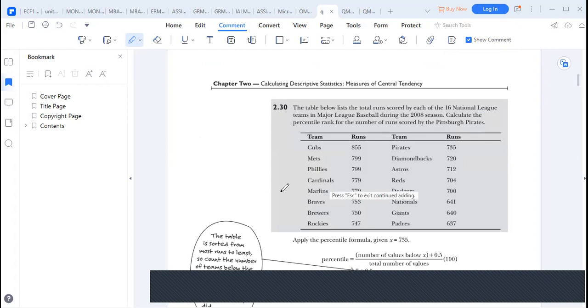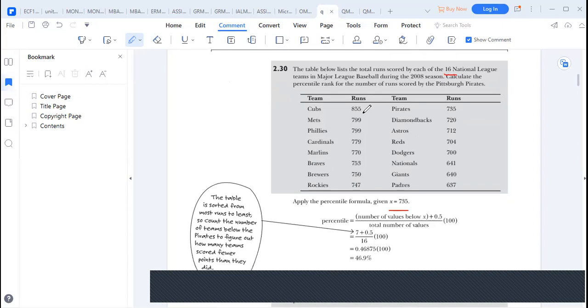Let's look at this one here where we have 16 national league teams. So here we are being told to apply the percentile formula for the value of 735. So let's identify 735. So firstly, we need to ensure that this is in order. So 735, we identified where 735 is here.